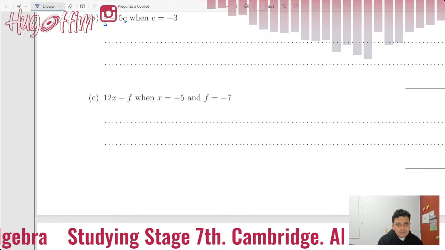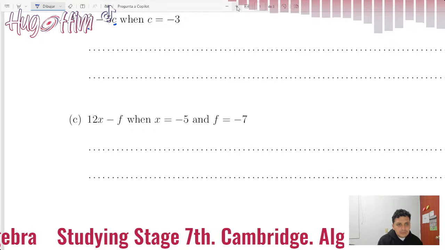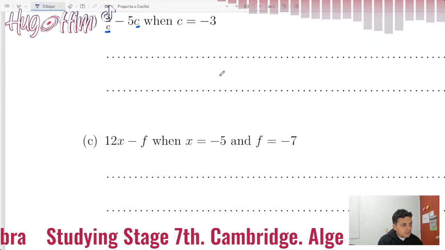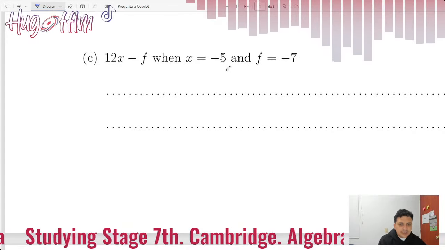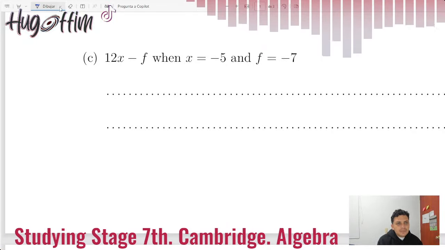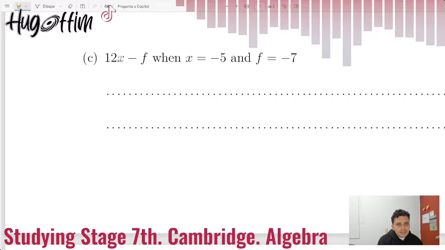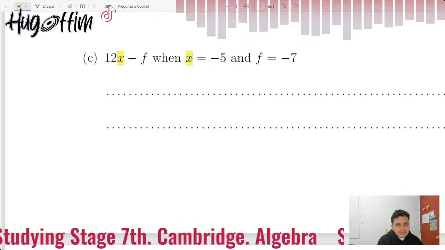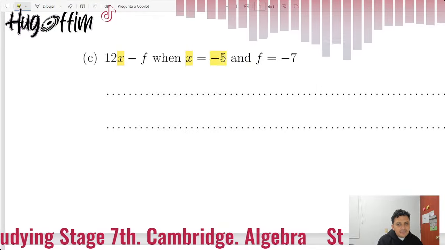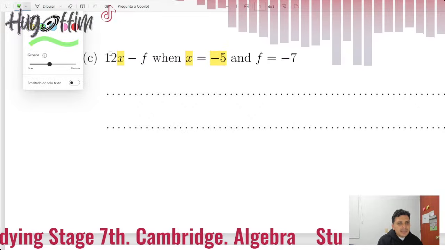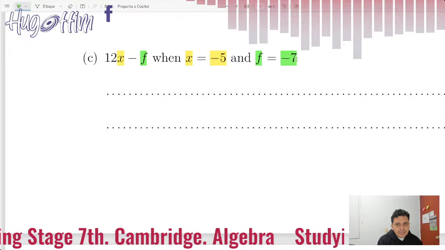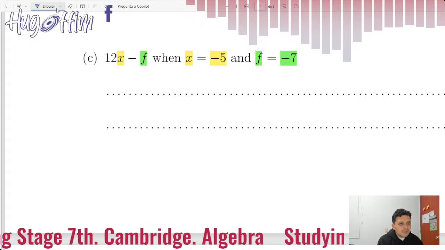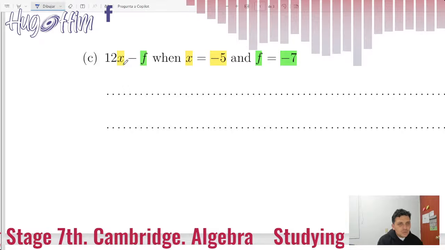I'm going to put it bigger so you can see it better. So what I'm going to do is just replace x by -5 and substitute f by -7. This is the idea of this type of situations in which you need to evaluate.